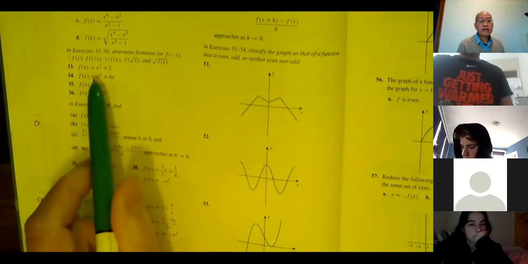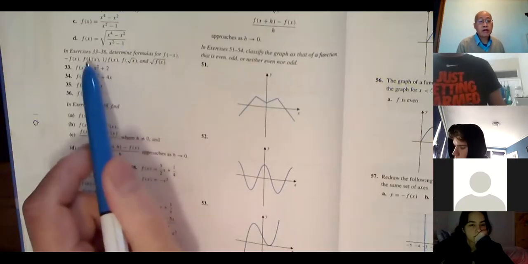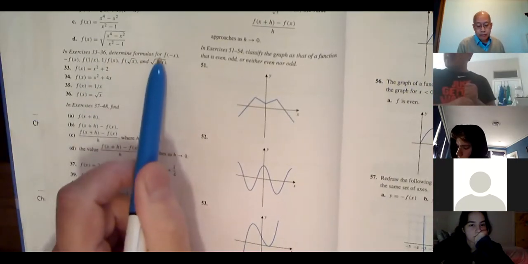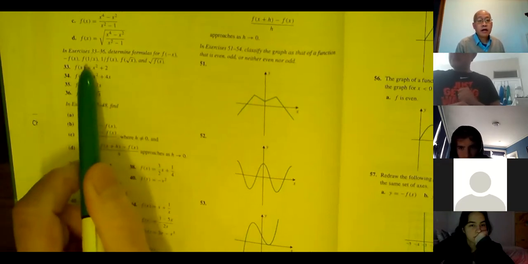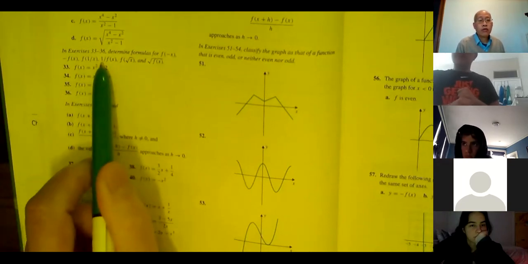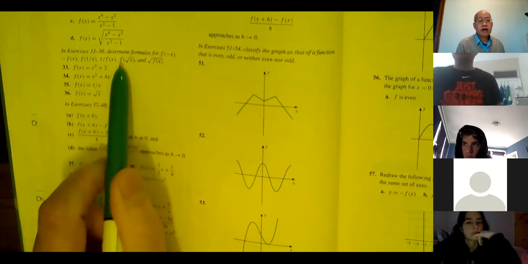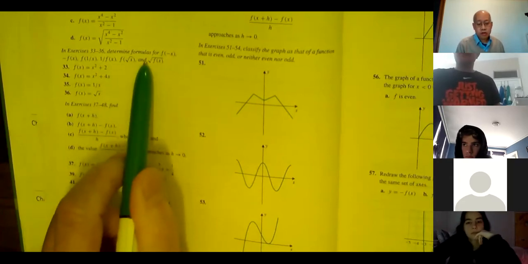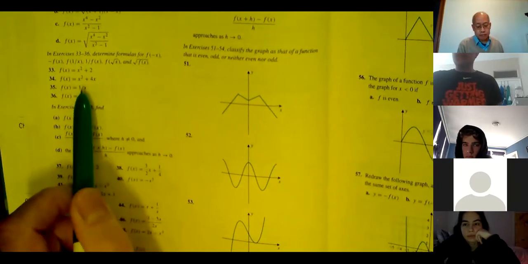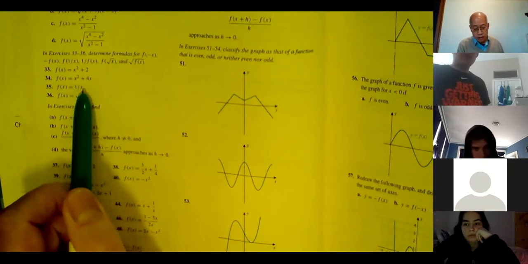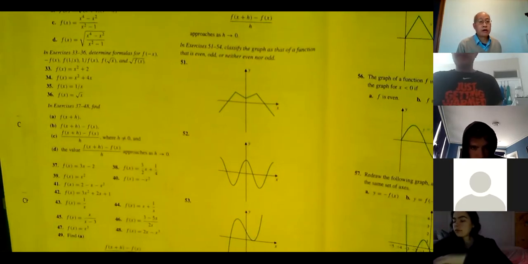They give you x squared plus 2, and you want to figure out f of negative x, negative f of x, f of 1 over x, 1 over f of x, f of square root of x, square root of f of x. So that's a lot of stuff. Don't worry, if you can't see all this, I'll show the whole thing to you. But I wanted to at least show you that one. So 33.